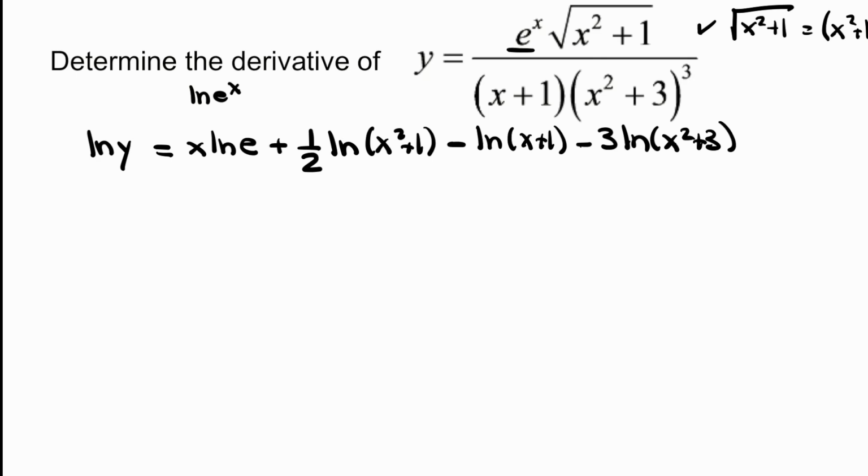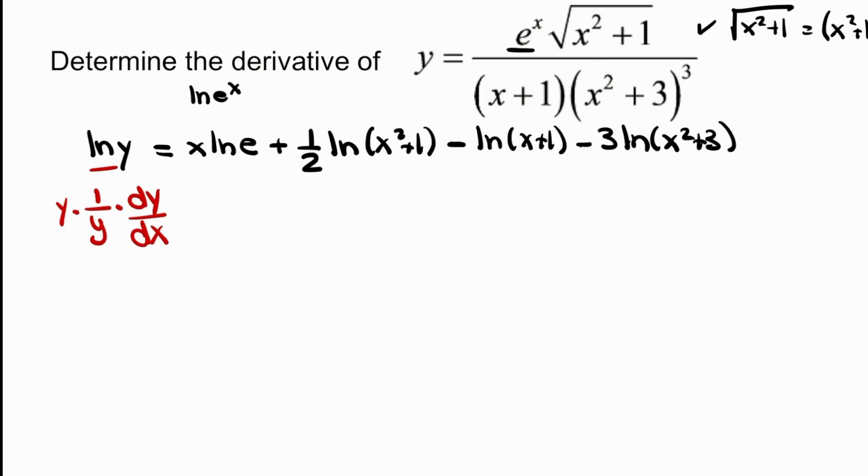So now I'm going to take the derivative of both sides. So remember, the derivative of ln y is just 1 over y times dy dx. So this is the derivative of y as it relates to x. And we know that we have to multiply this by y to bring this y over to the other side.